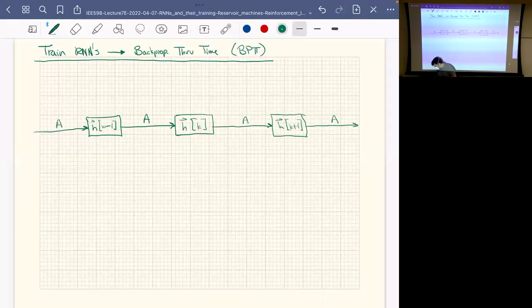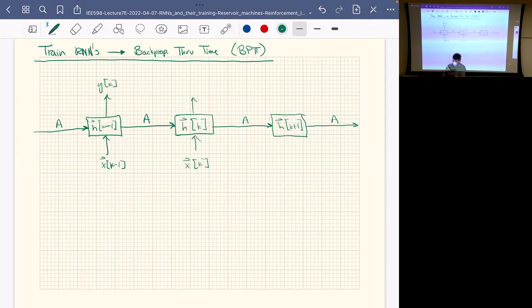And then we've got our x vector coming in from time k minus 1, and we've got our y vector at time k, and we've got our x vector at time k, our y vector at k plus 1.